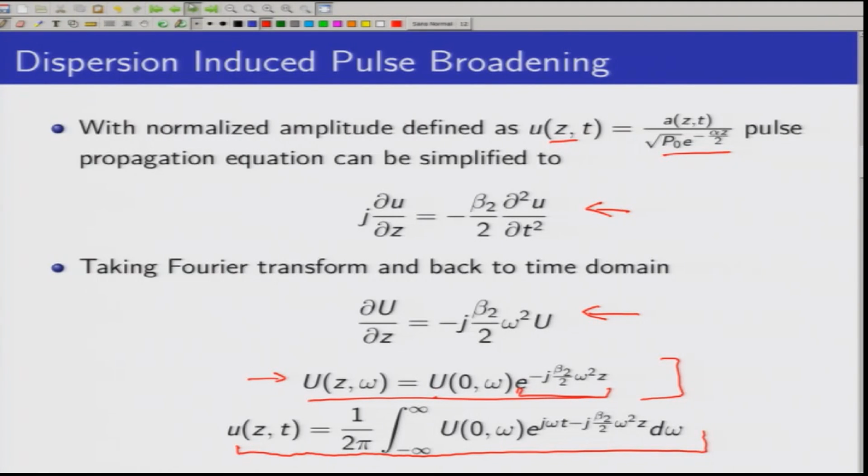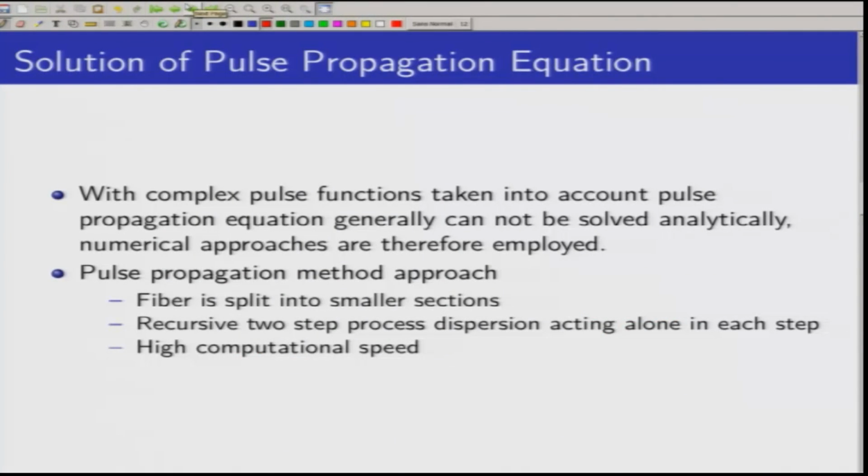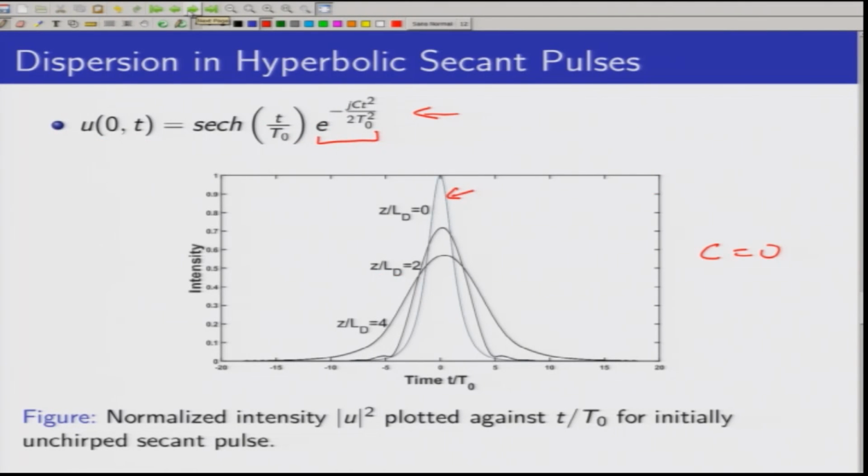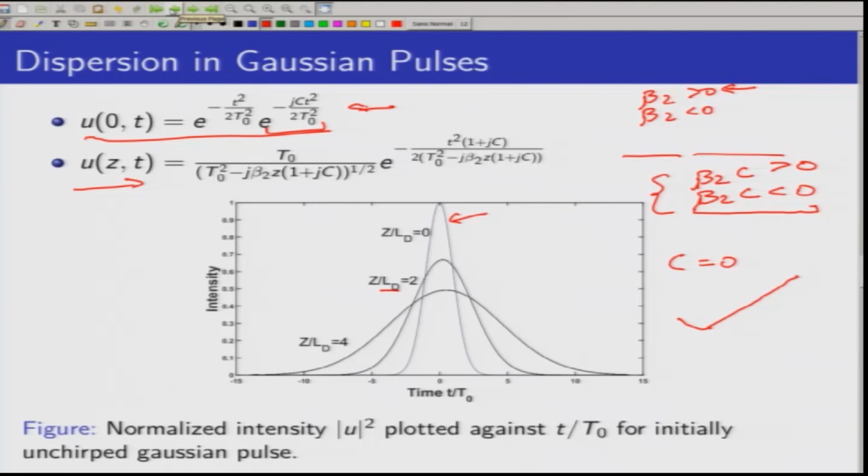For something like Gaussian, where we can calculate the Fourier transform, we do get an analytical solution. However, as we move to much more complex pulses, we cannot have a straightforward analytical solution. So, we used numerical approaches, which are much easier to compute.